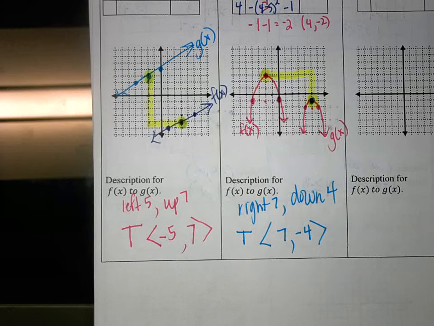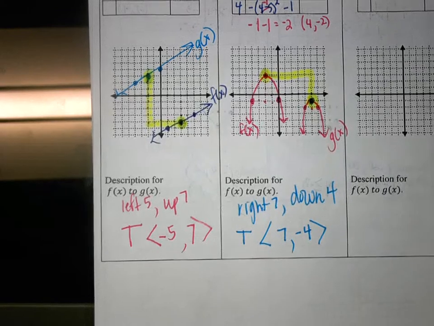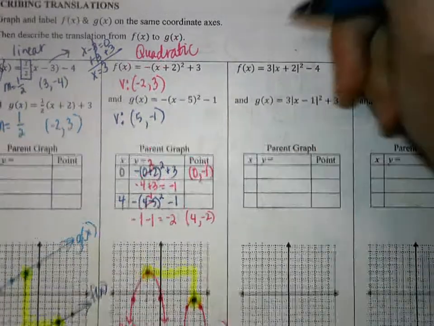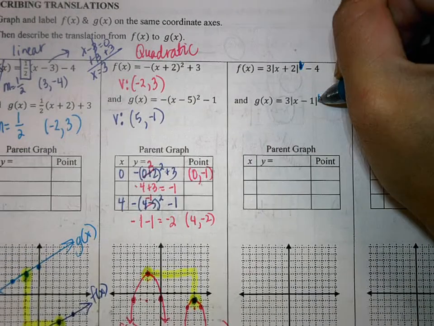There is a typo on this next problem. Can anyone find what it is? So absolute values, are these normally squared? No. So there should not have been squares here.